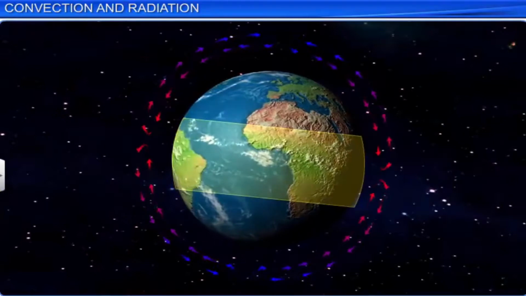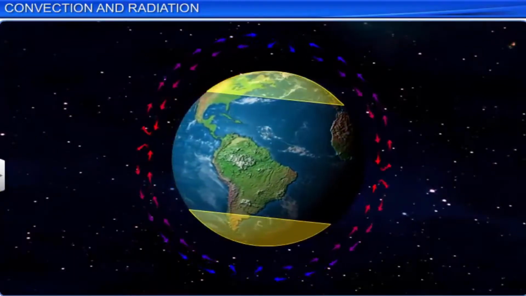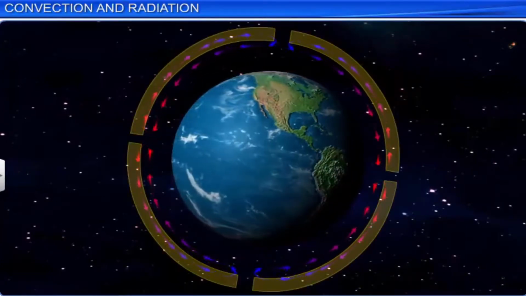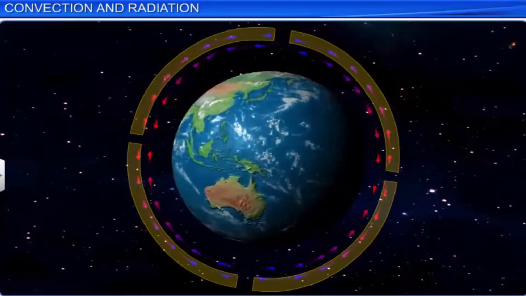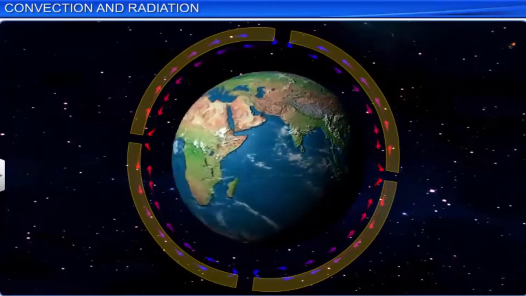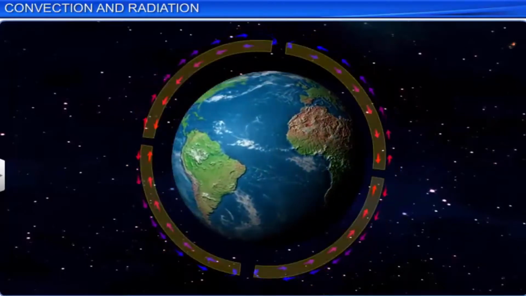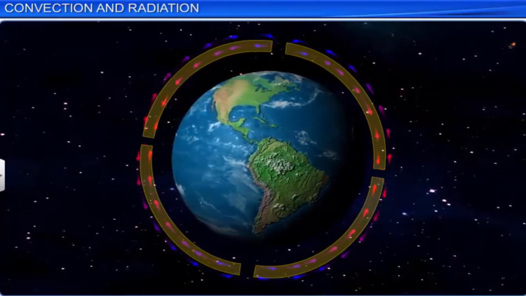Air at the equatorial region is much hotter than the air at the polar regions. In the absence of any other effect, the air at the equator rises and moves towards the polar regions and descends at the poles. The cold air from the polar region moves towards the equatorial region, forming convection currents.